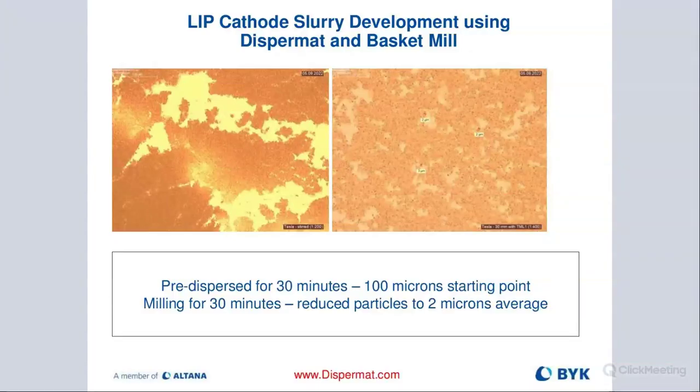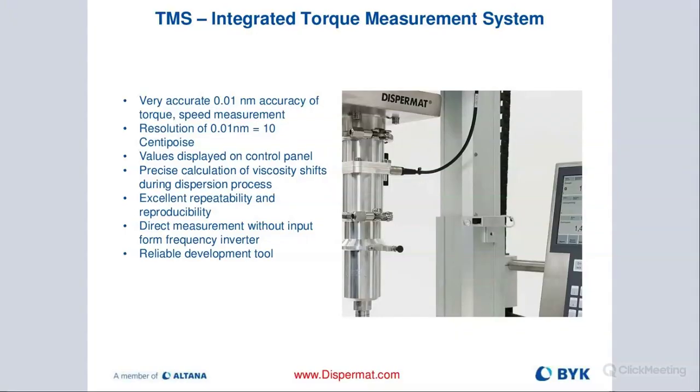So really efficient and very quick to reduce the particle size by just using one system, a dissolver, and then the additional basket mill attachment that goes right on it, and we're able to accomplish that in a very short time.